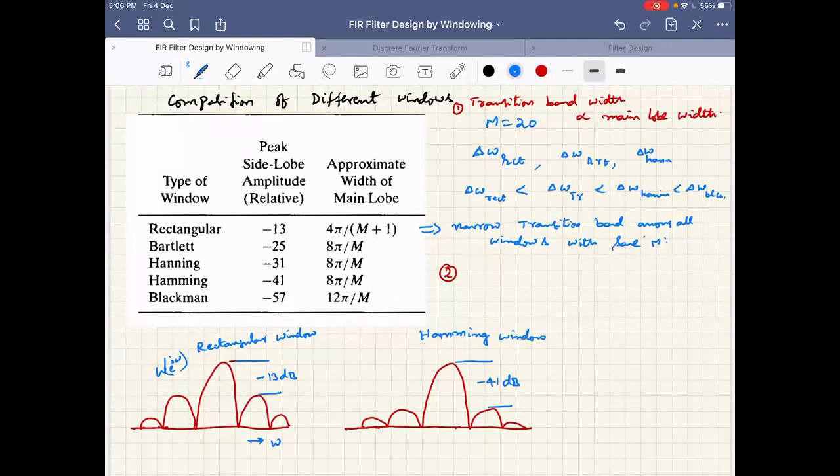So which will have a lesser ripple? The Hamming window, for a given m, that means a given window width.